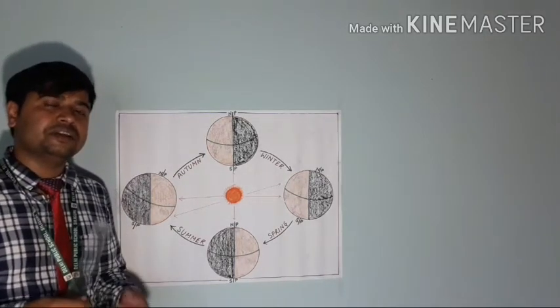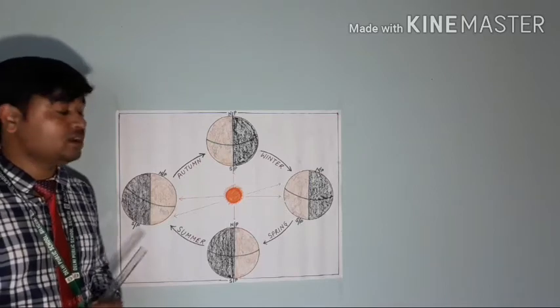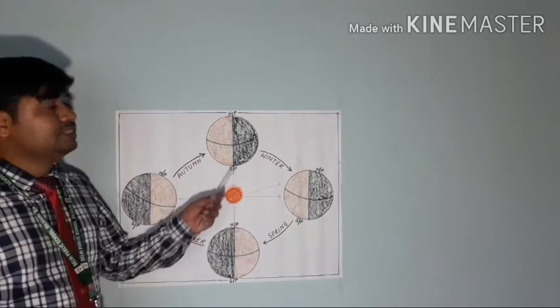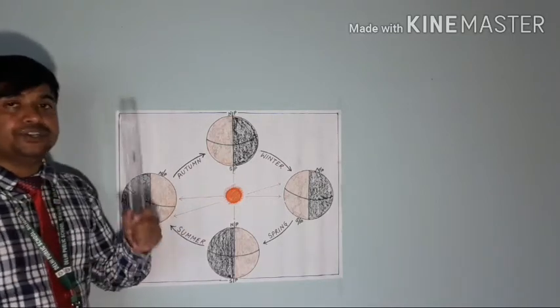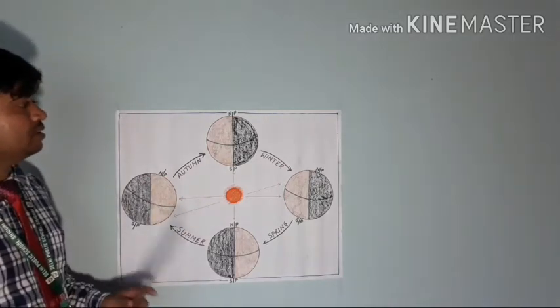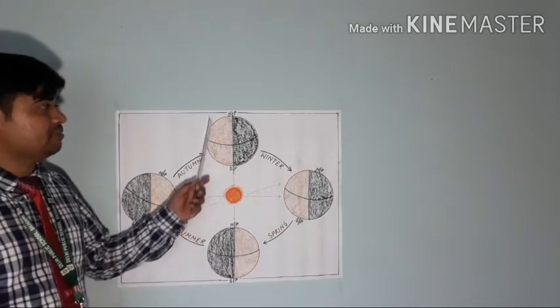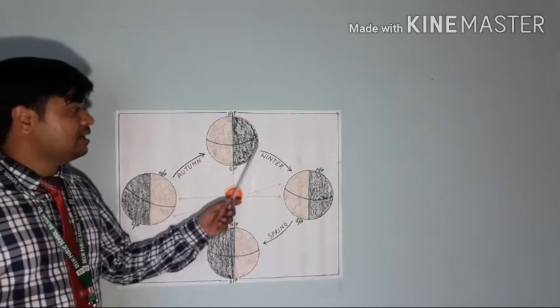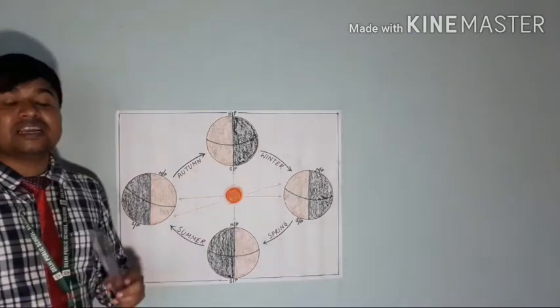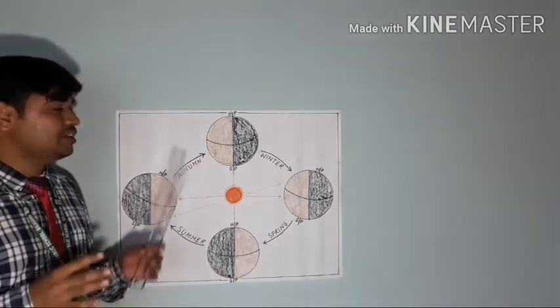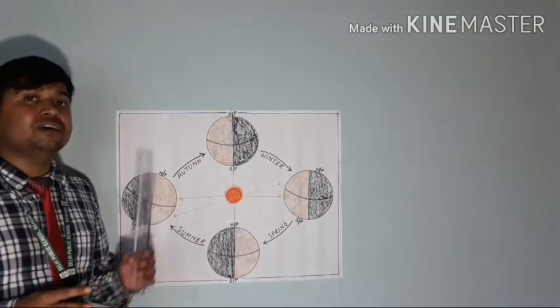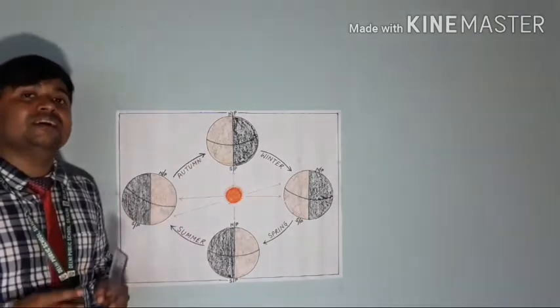As the earth revolves around the sun, we move towards another season, that is autumn. So during the month of September, each hemisphere, that means northern hemisphere and southern hemisphere, gets an equal amount of sun rays, and that's why during this time we have equal day and night.